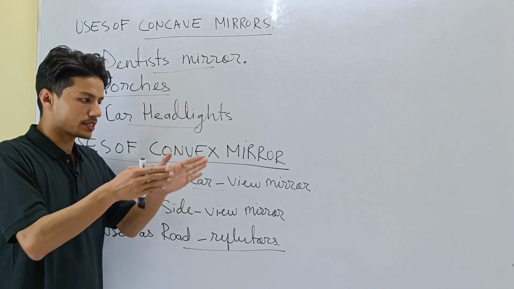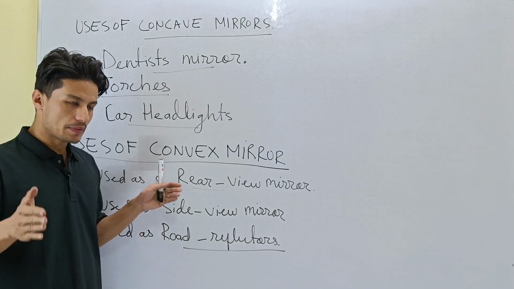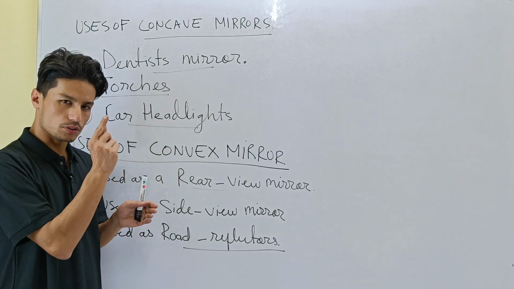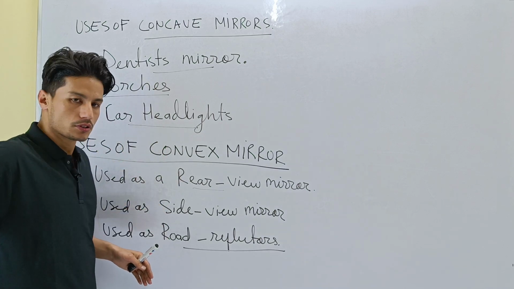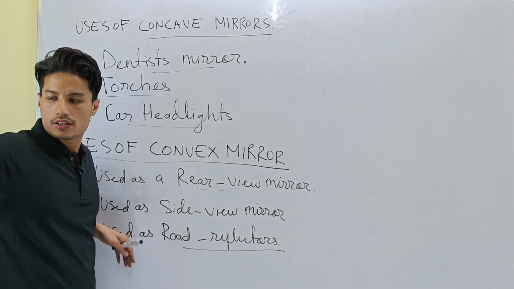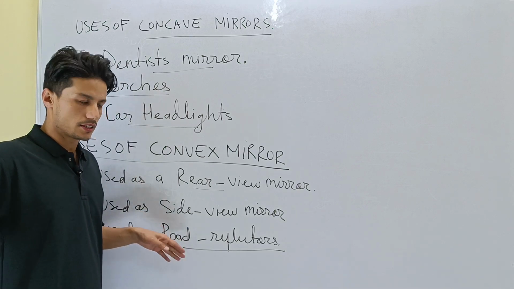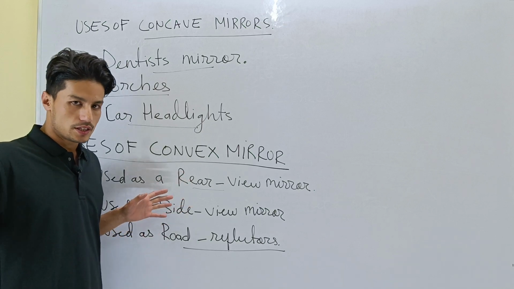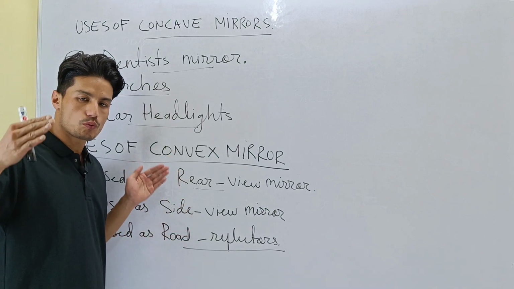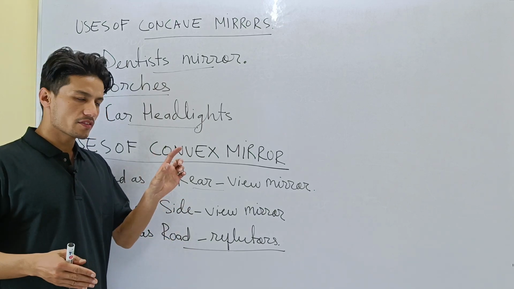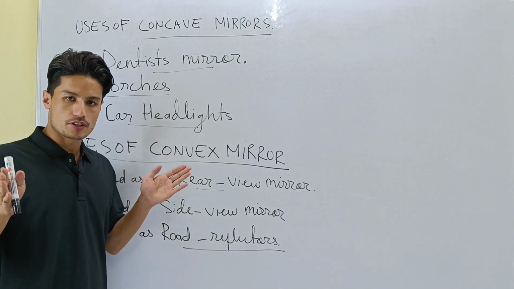If you go and stand near a convex mirror, your image will be very small, and even the other things behind you will be visible. So convex mirrors give you a wider field of view, whereas concave mirrors give you a magnified view.